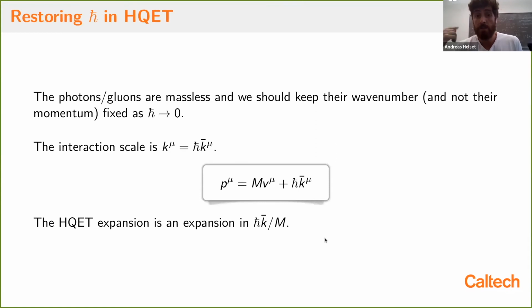Now in the HQET expansion, because the massless fields and the residual momentum are on the same order, we should also scale the residual momentum by an h-bar. So the large momentum P contains one large mv part and a small h-bar k-bar part. So the HQET expansion is an expansion in h-bar k-bar over m.